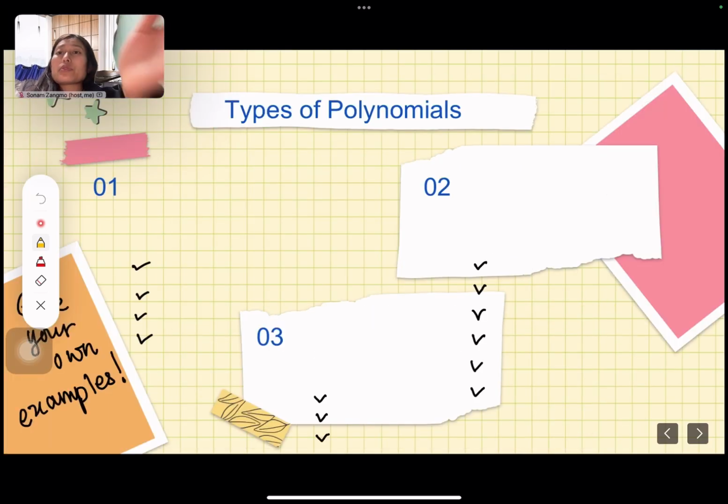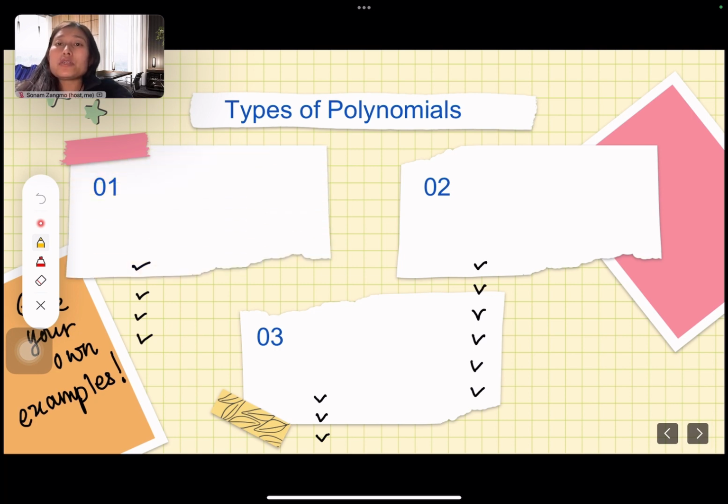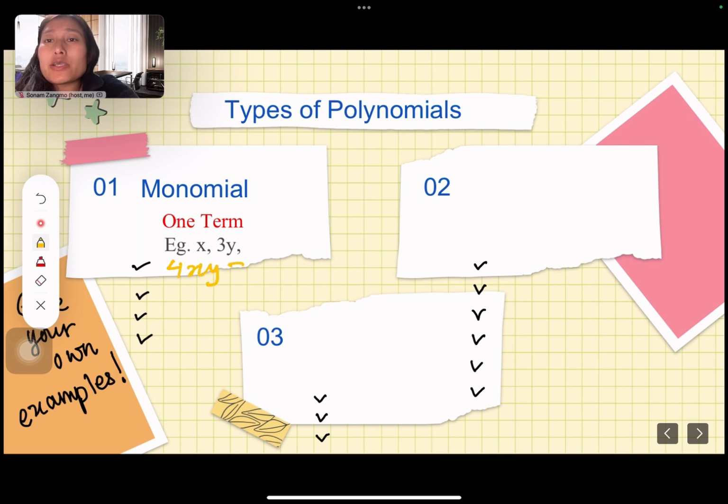Now, under types of polynomial, like I explained earlier, one term means a monomial. So for example, x, you have 3x. You can think of examples like 4xyz, or x cubed y squared, or 2x, or negative 3xy, right?